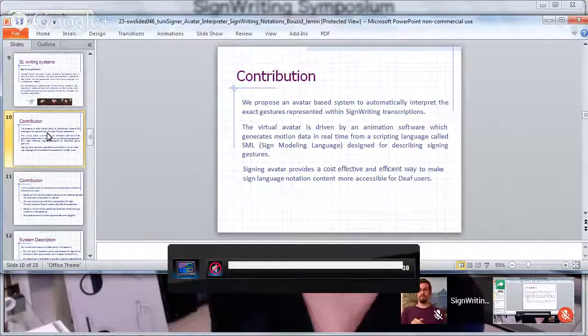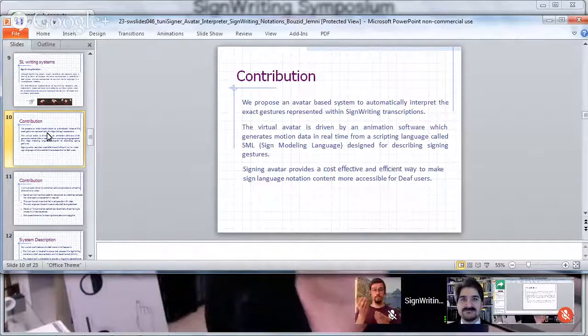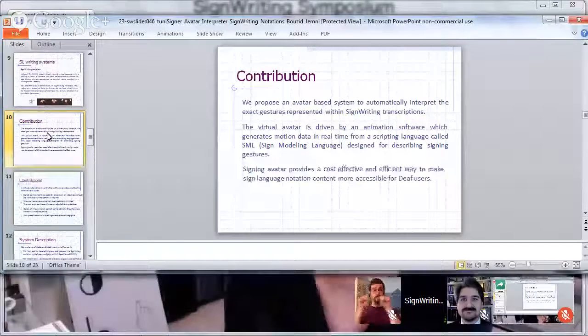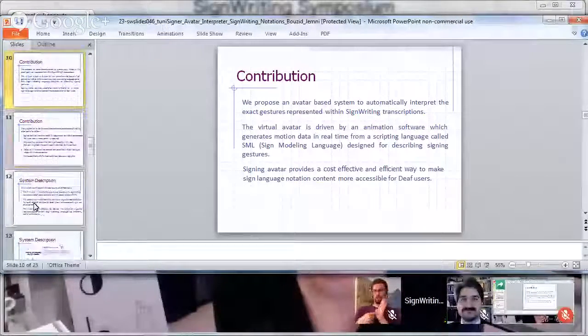We propose an avatar-based system to automatically interpret the exact gestures represented within SignWriting transcriptions.